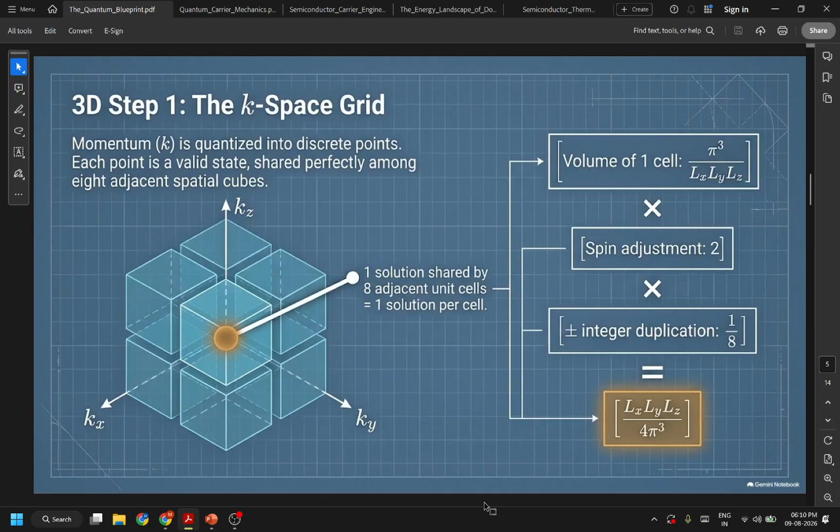In electrons there are two spin states, spin up and spin down, and each energy state can have a spin up or a spin down particle, so we multiply by 2. Then each state is distributed among 8 cubes, so we divide by 8. From there we get Lx Ly Lz divided by 4 pi cubed.